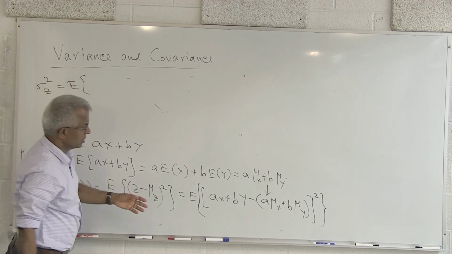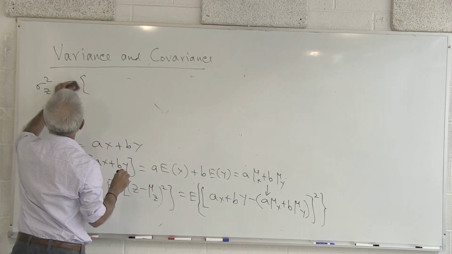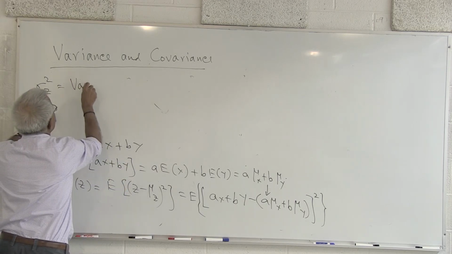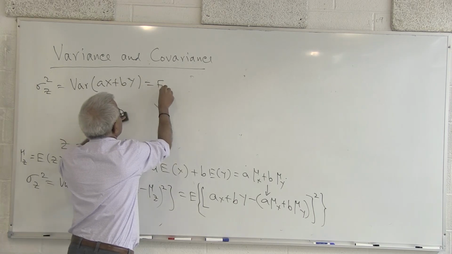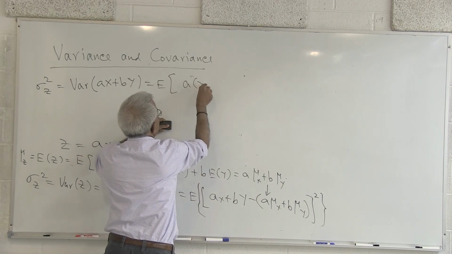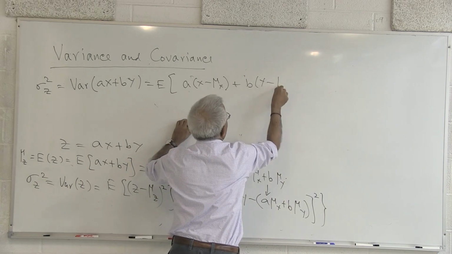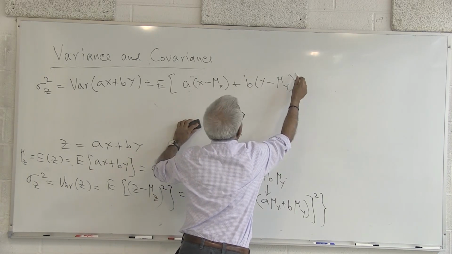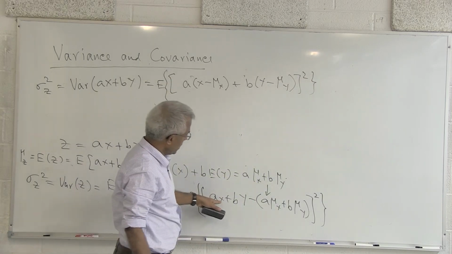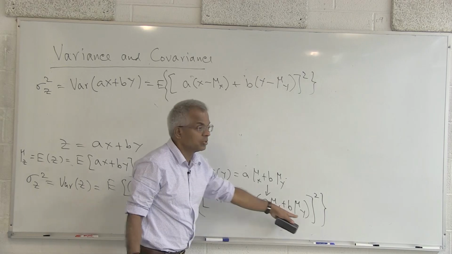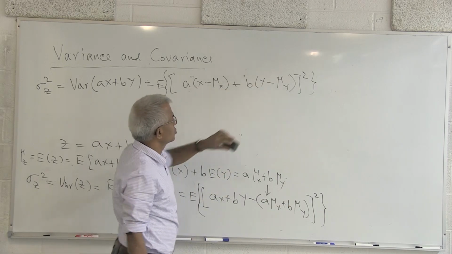When you expand this, notice that we can collect the a terms together. So the variance of aX + bY is the expected value of a times (X minus mu x) plus b multiplied by (Y minus mu y), the whole squared. Now notice that it's like two terms squared.